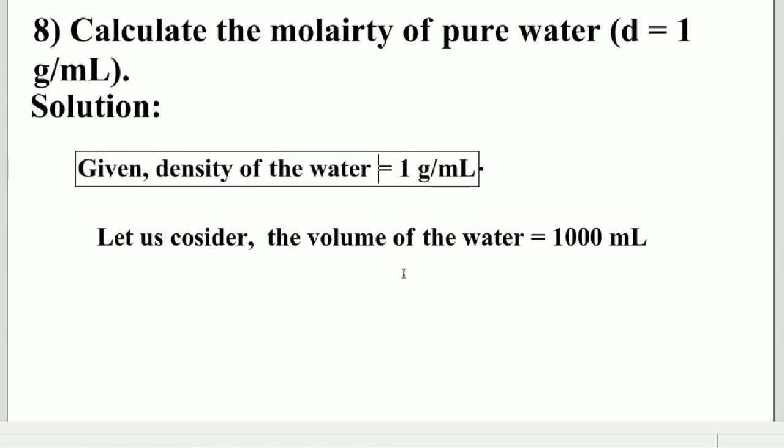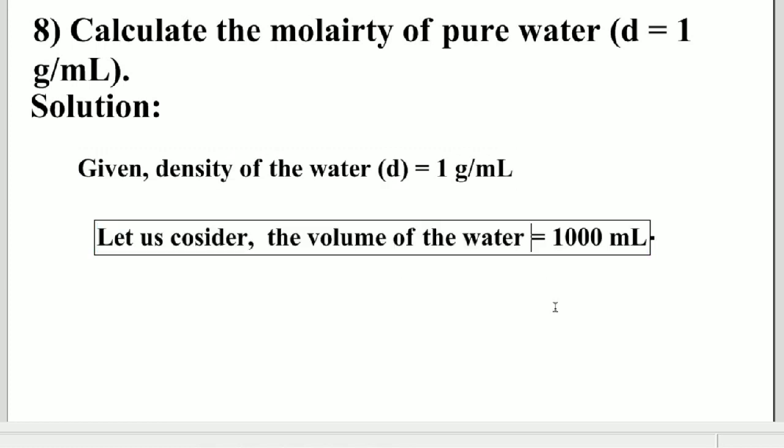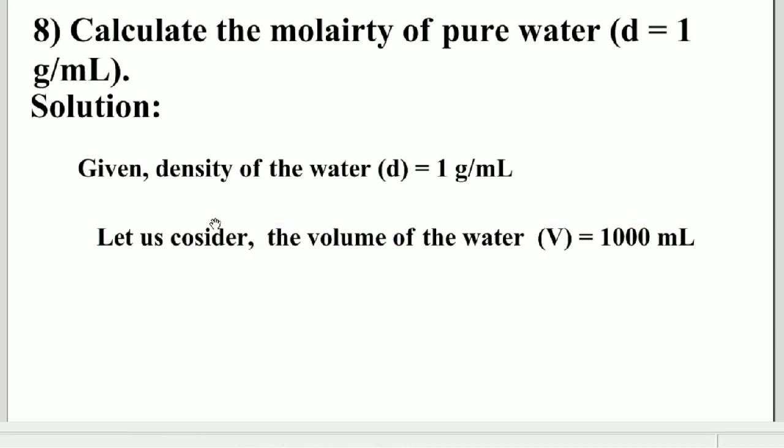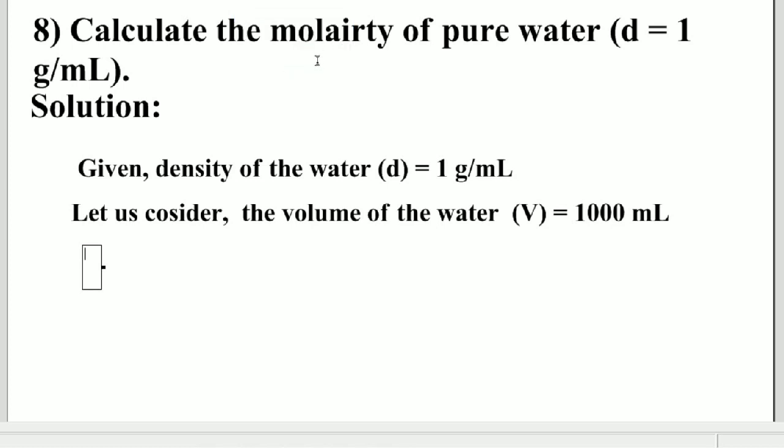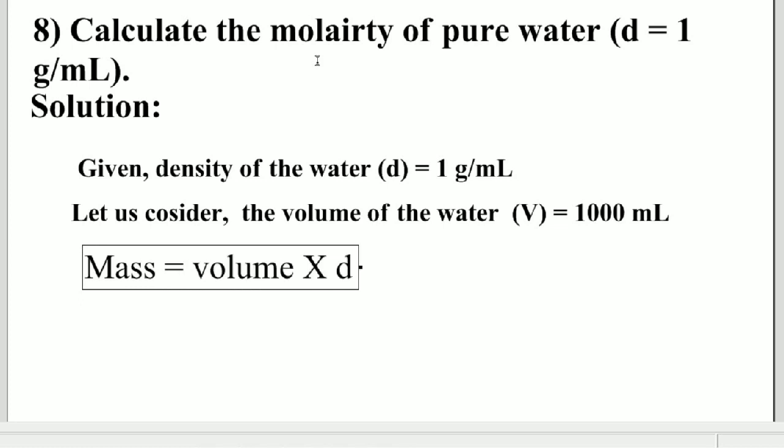So students, given density of the water is 1 gram per ml, and the volume of the water V is 1000 ml. We know the formula: mass is equal to volume into density.